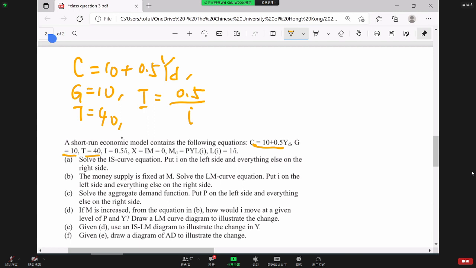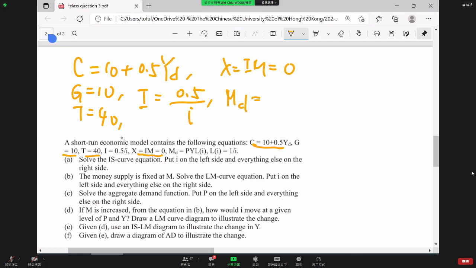Look at this nonlinear function: if i is higher, investment is lower. Interest rate is higher, investment is lower. So it satisfies our want. And that is also okay. X, I am assumed to be 0, closed economy.